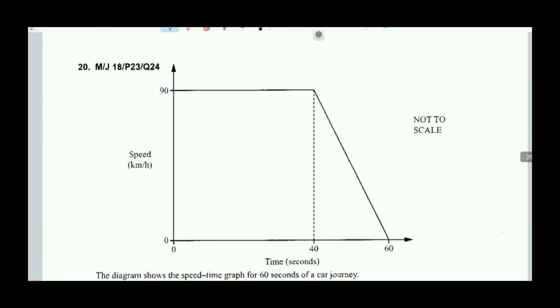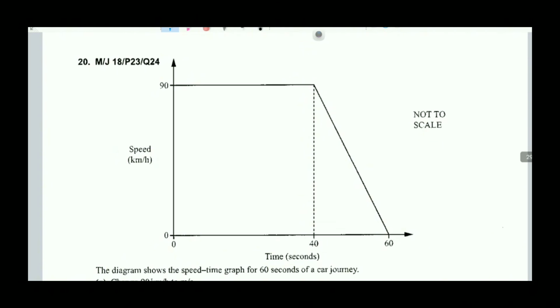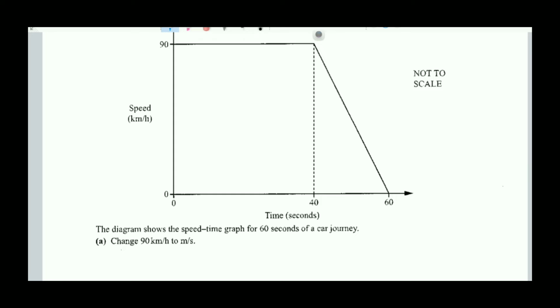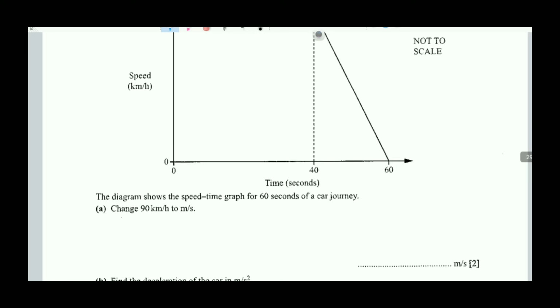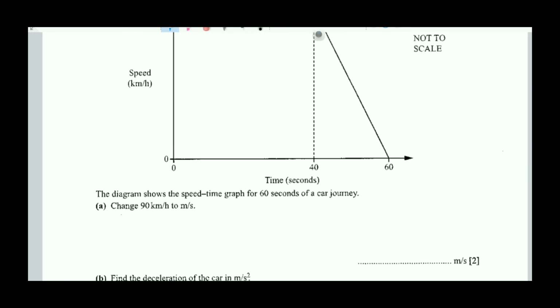Okay, next question. The diagram shows the speed time graph of the whole journey. 90 simple, you have to convert it. Conversion is very easy. 90 kilometers has to be converted into meters, multiply by 1000. 1 hour will be converted into seconds by multiplying with 3600.